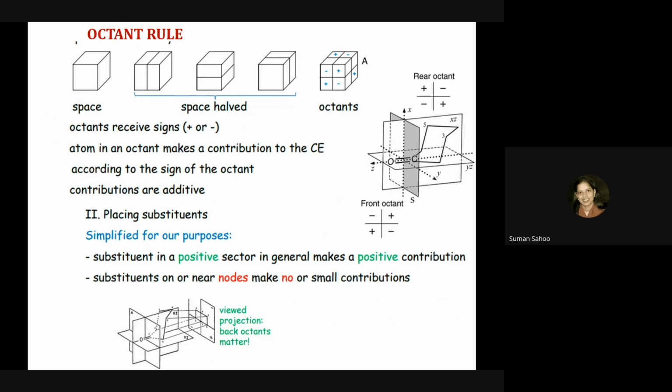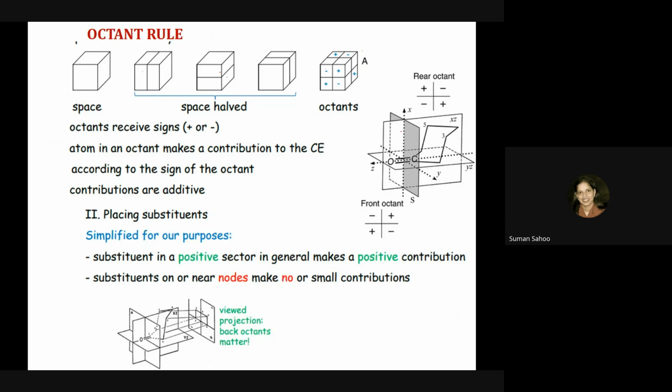In this rule, there are 3 planes in your molecules. As the name says, you have octants, meaning 8 sectors. If you have a cube like this, you can make halves like this, and then you have octants, in which this is a front octant and that is your rear octant.